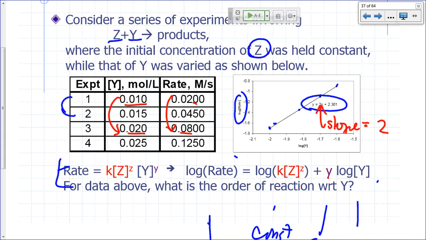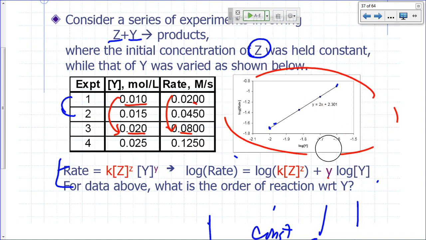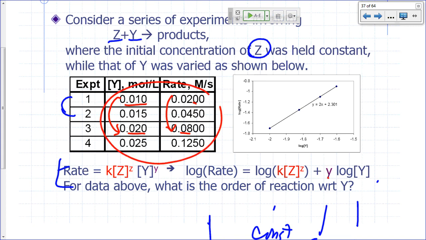So just by eyeballing your data right here, you can say it's second order. But this is what you would do using experimental data. Like I said, if you're looking at real experimental data, it may not be as easy to spot and figure out the order by just looking at the numbers, unless you look really closely and think hard about it.